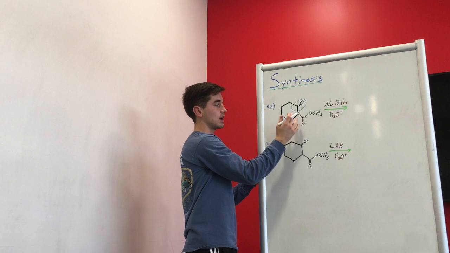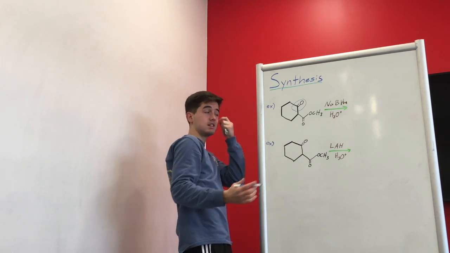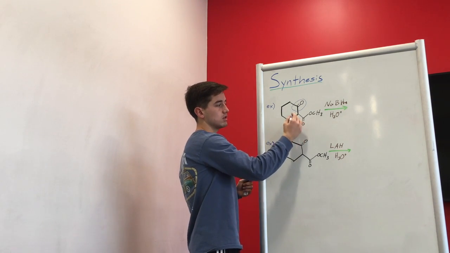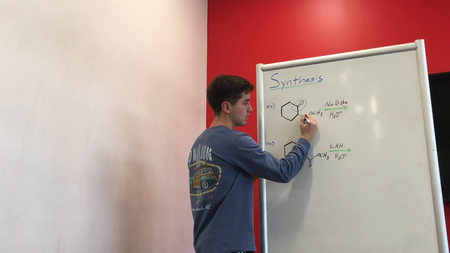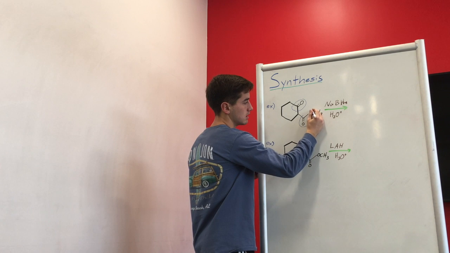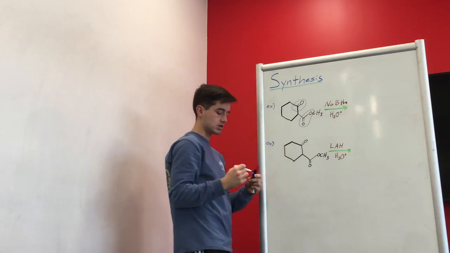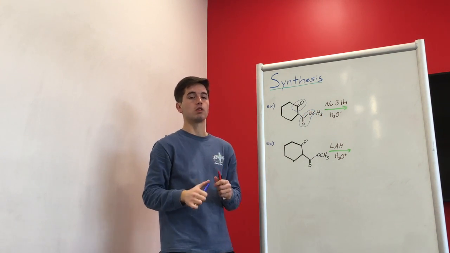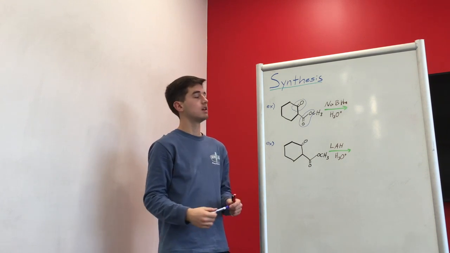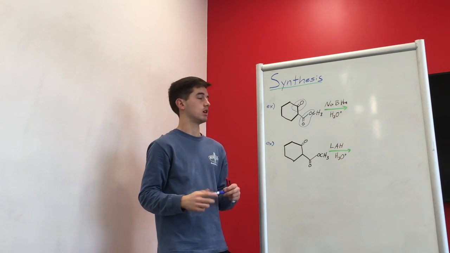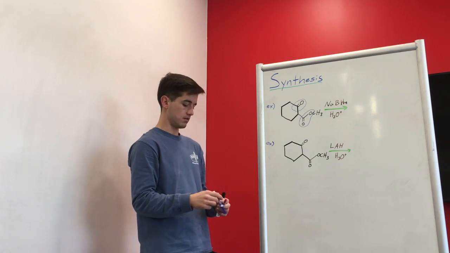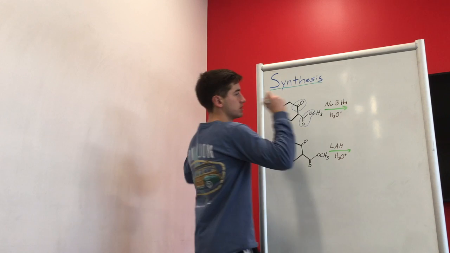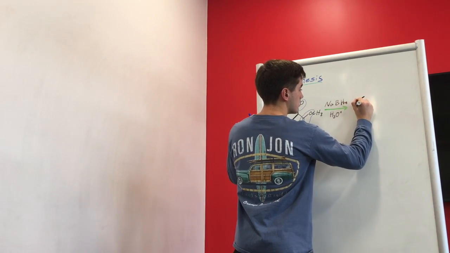At first glance, it kind of appears to be a ketone because you see this C=O, and it looks like it has just C's on both sides. But if you look closely, this is actually an ester group, and ester groups cannot undergo reduction, especially by sodium borohydride.